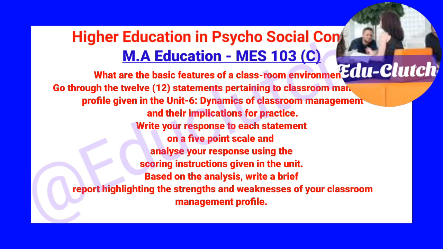Here we can see the 12 statements pertaining to classroom management profile given in Unit 6, but before that, let us see some basic features of classroom environment. Students must feel safe, students should be respected, their input must be taken into account, they should be pushed to achieve, and all students should be treated equally.